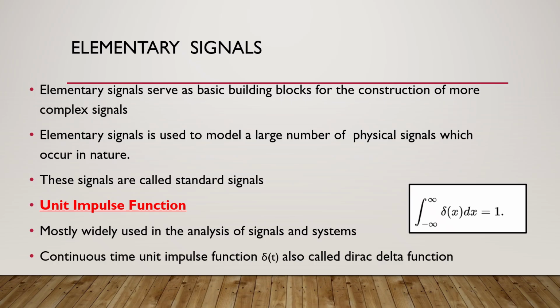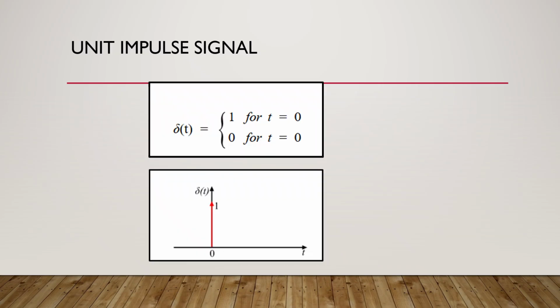Here delta of t is a unit impulse signal, where the amplitude is equal to 1 for t equal to 0 and 0 for t not equal to 0.